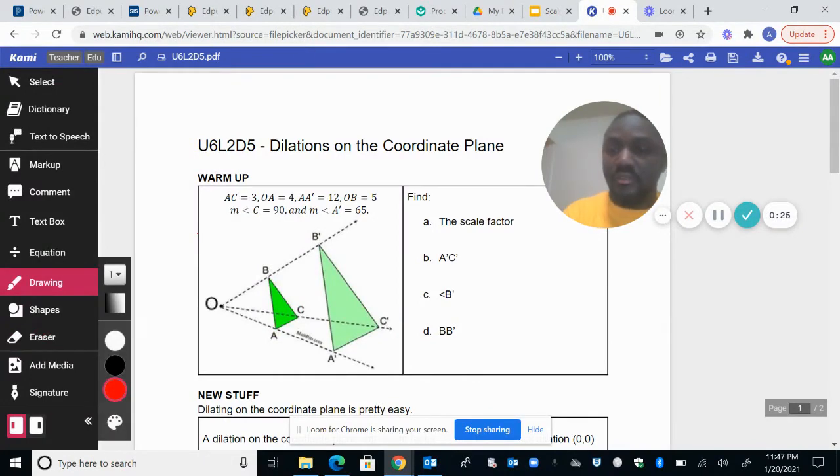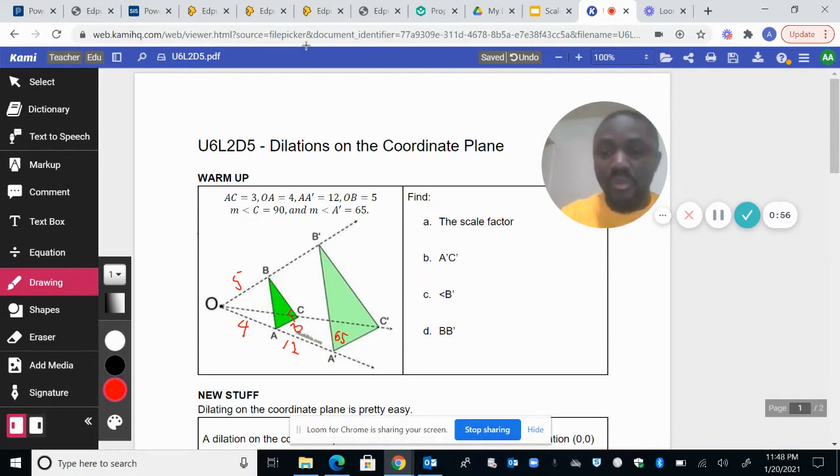Here, as you can see, we have AC to be 3 and OA to be 4, AA prime to be 12, OB to be 5, C to be 90 degrees, which is a right angle, and angle A prime to be 65. So under dilation, corresponding angles are congruent.